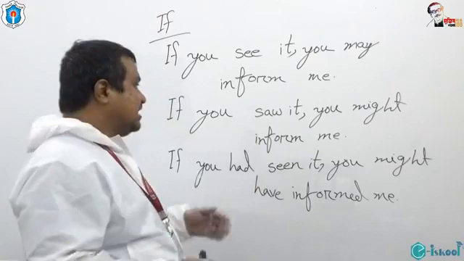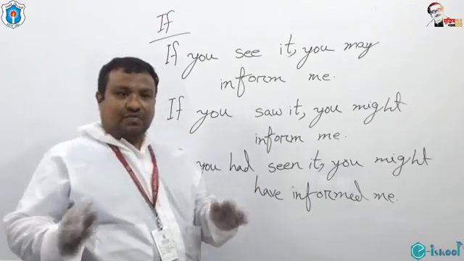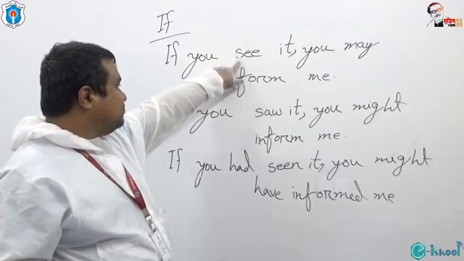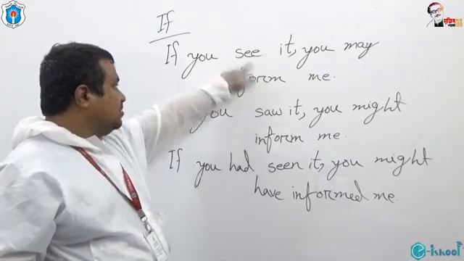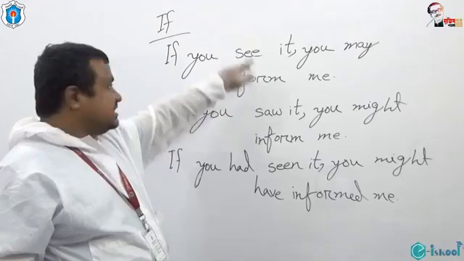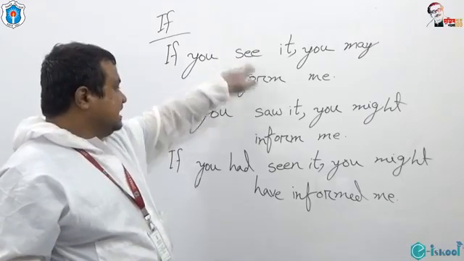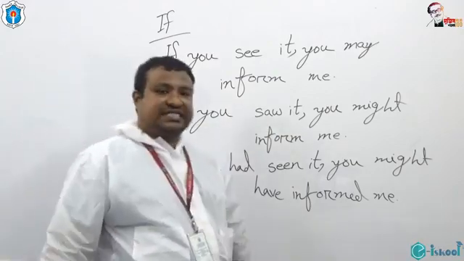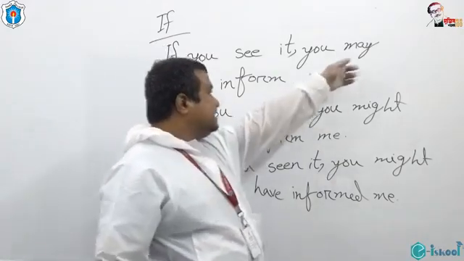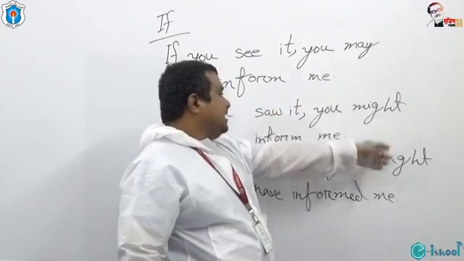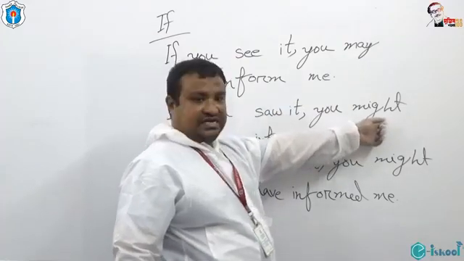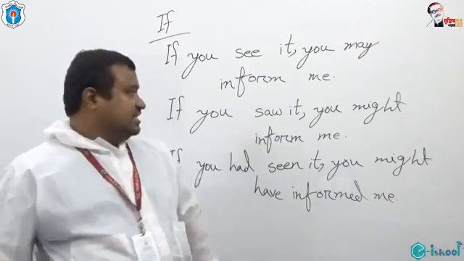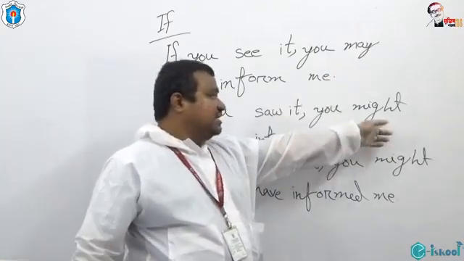Here we have used the past form of see. Just the main verb of this see has been turned into past tense, and this modal verb will also be turned into past tense. That may will be turned into might.